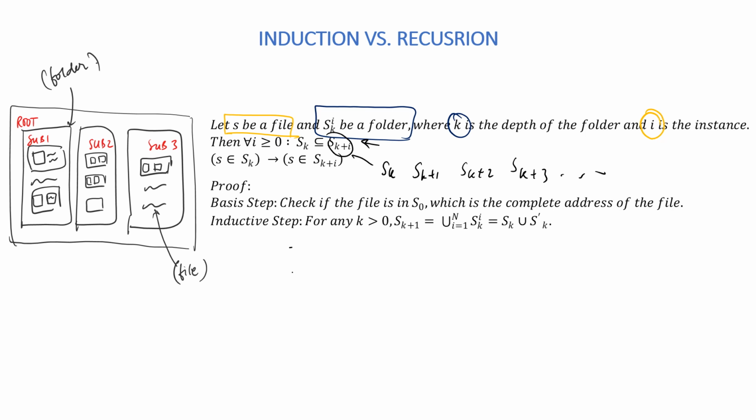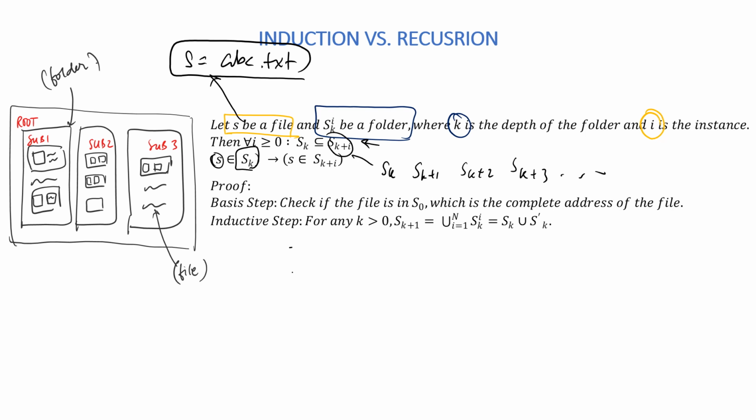If the element s, let's say s equals abc.txt, if we continue with our old example, is in S of k, then it must be in the folder S of k plus i, where S of k plus i is a superset, or is the parent directory.